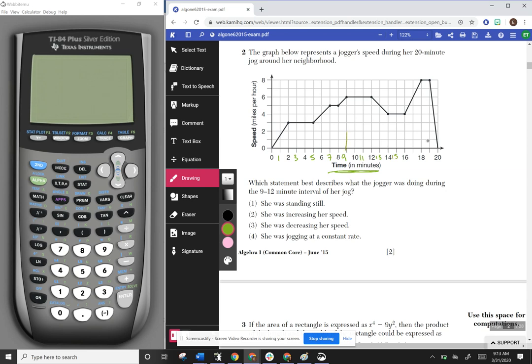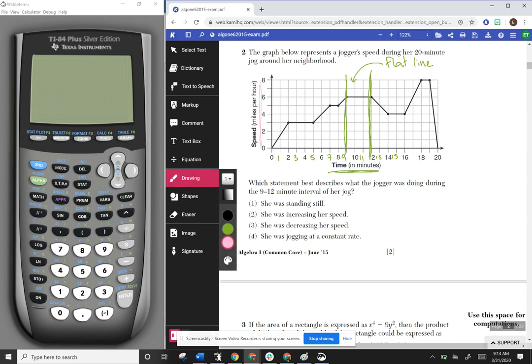So the 9 to 12-minute interval is going to be between these green lines that I'm drawing. And if you notice, between this interval, this is a flat line, right? It's flat. And the y-axis is representing speed.